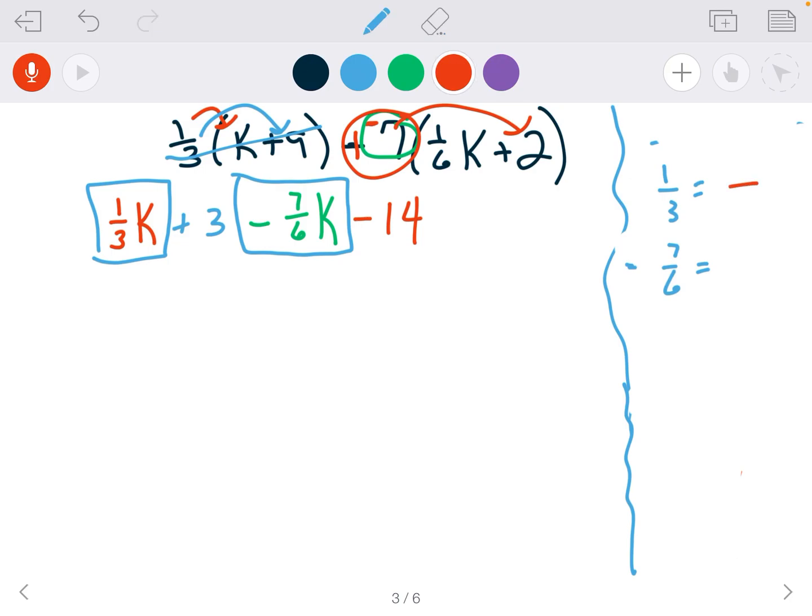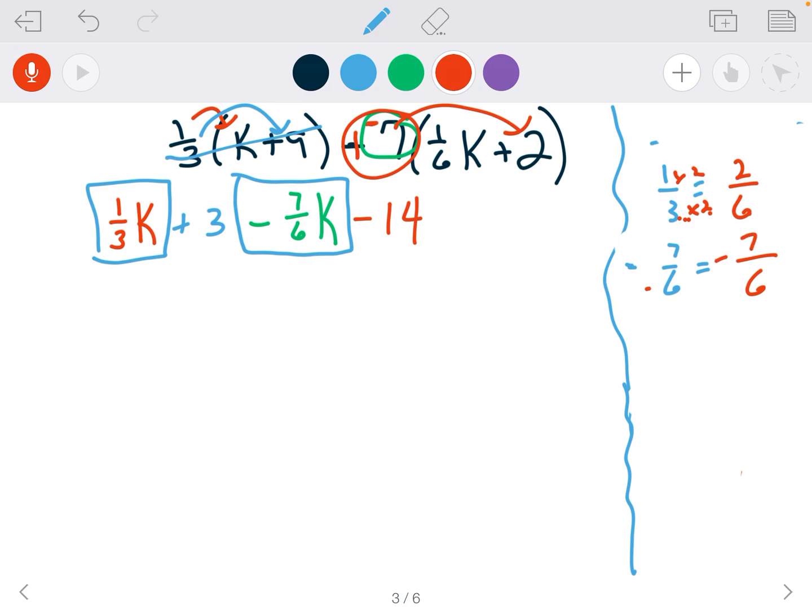So I know that 6 is my common denominator because 1 times 3 is 3, 2 times 3 is 6, and 6 cannot be less than 6, so this is your common denominator, least common multiple. So 3 times 2 gives me 6. 1 times 2 gives me 2.